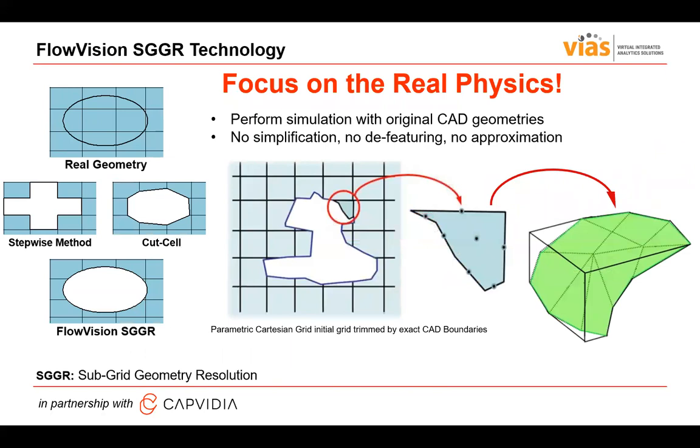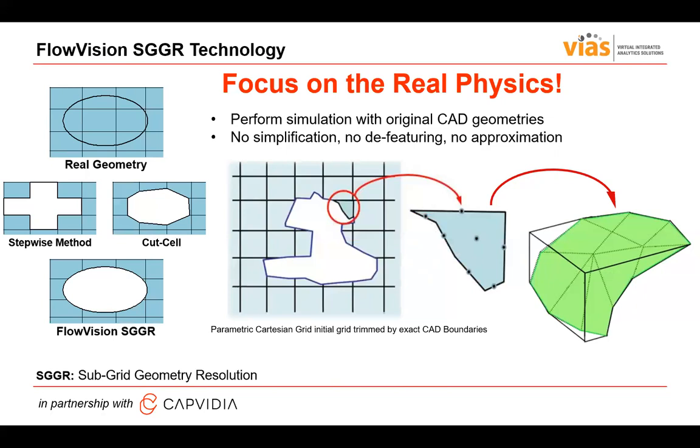As you can see on the left side of the slide, there are well-known meshing methodologies like the cut cell or the immersed boundary methods. But as you can see on the left bottom, FlowVision SGGR is the only method which keeps the CAD geometries as they are, without any simplification, defeaturing, or approximation.